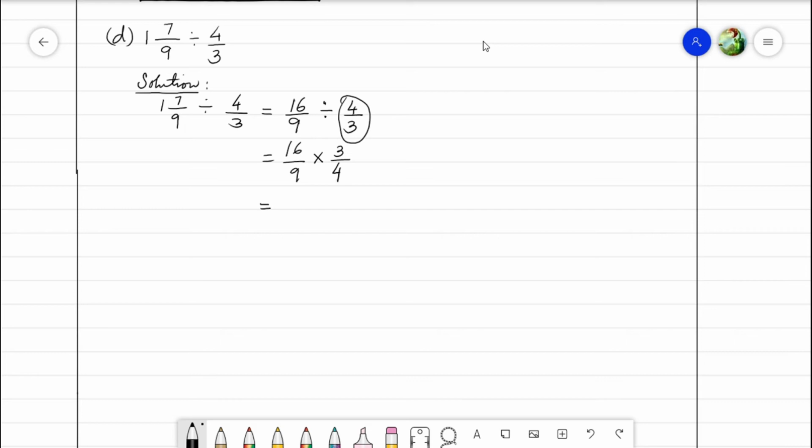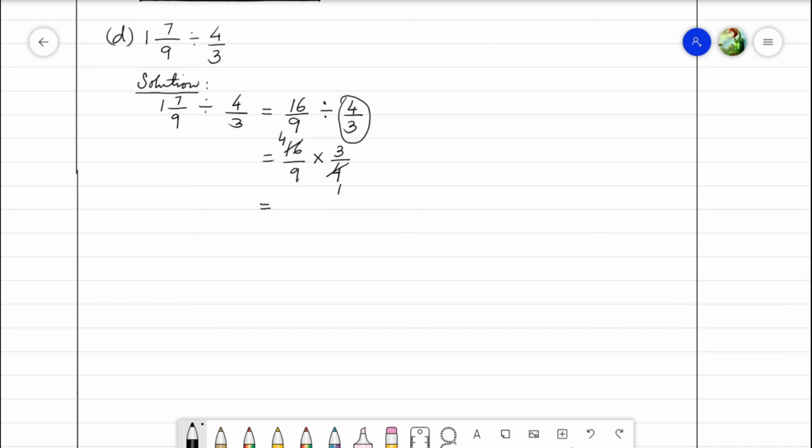I have changed it into multiplication, so the same process will go on. First of all, I will check 9 with 16. Are they in the same table, or is there any common factor between them? You can see that there is no common factor, so leave it as it is. Now 16 with 4, yes, it goes with 4, so I will cut it. 4 1s are 4, 4 4s are 16.